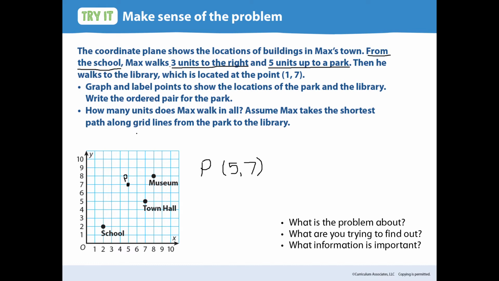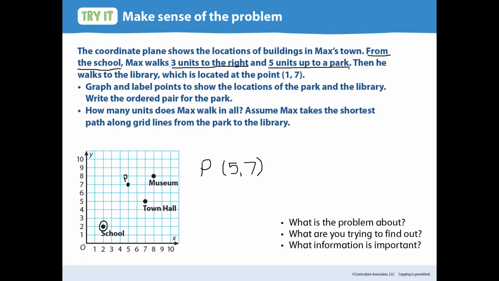How many units does Max walk in all? Assume Max takes the shortest path along grid lines from the park to the library. So he starts right here at the school, and then he walks to the park.